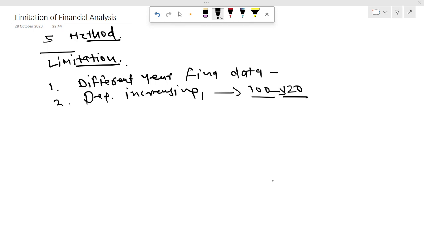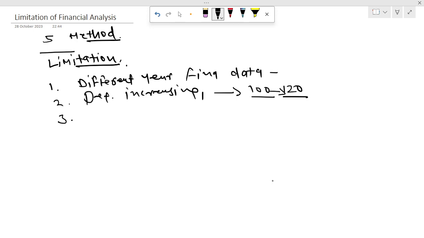Number third, our analysis is simply an analysis of a company's report. Other factors we do not consider. It means in the analysis we consider only monetary items.